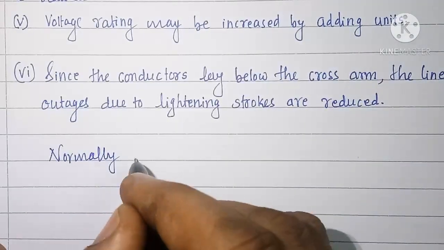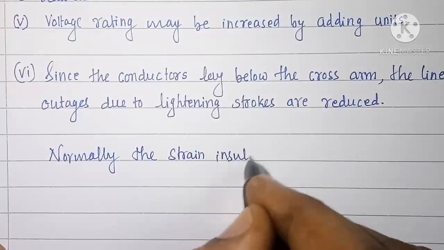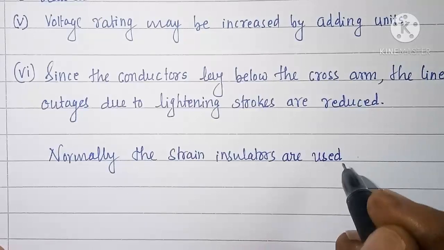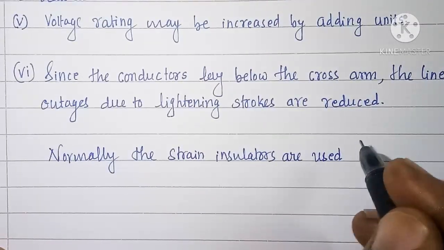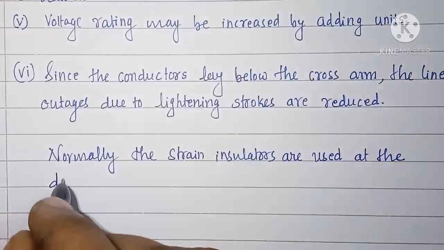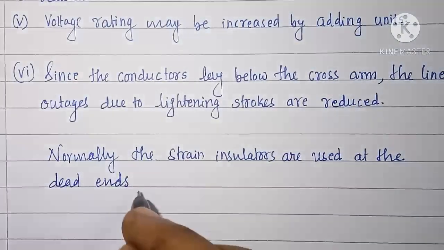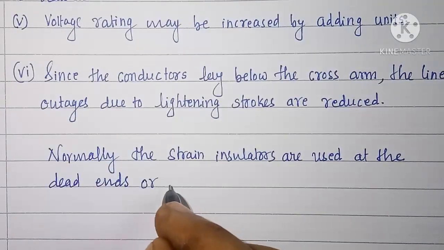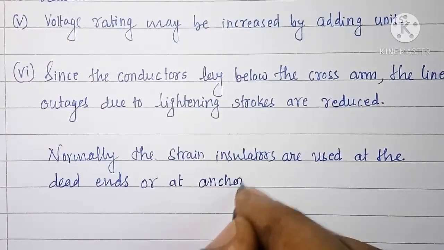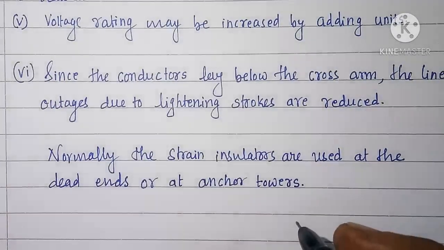Normally, strain insulators are used at the dead ends or at anchor towers.